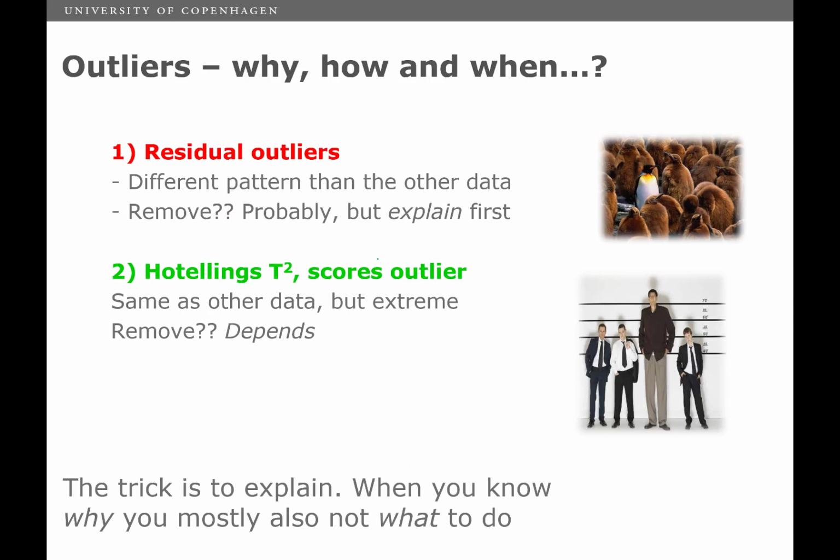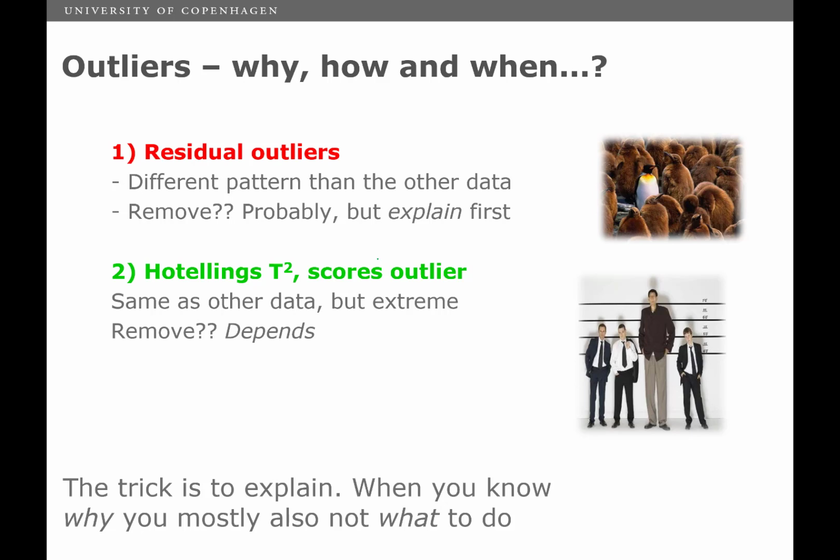And basically what we normally look for would be residual outliers, so samples that are different somehow, either in X or in Y. Or we can look for extreme samples that are maybe not of a different nature, but just extreme. So they would typically be seen in score plots or in leverage, have high leverage or high Hotelling's t-squared.